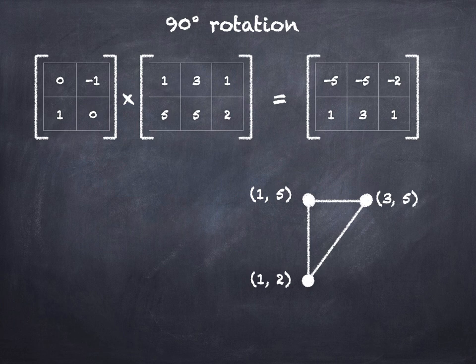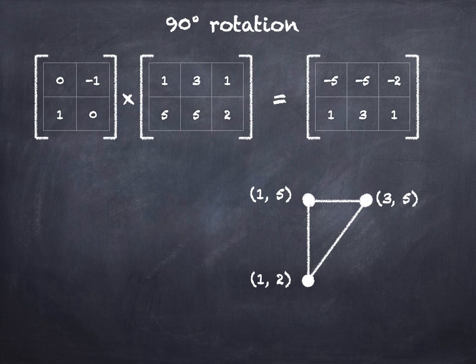Second row, 1, 0: 1 times 1 is 1, 0 times 5 is 0, so that's 1. 1 times 3 is 3, 0 times 5 is 0, so that's a 3. 1 times 1 is 1, 0 times 2 is 0. And so effectively, it's taken the x values and dropped them into the y row. Okay? So that's what you're doing. You're just multiplying matrices, and these are very simple matrices.